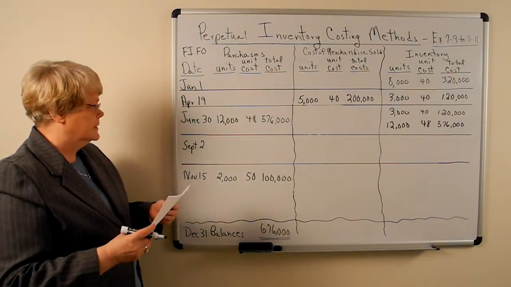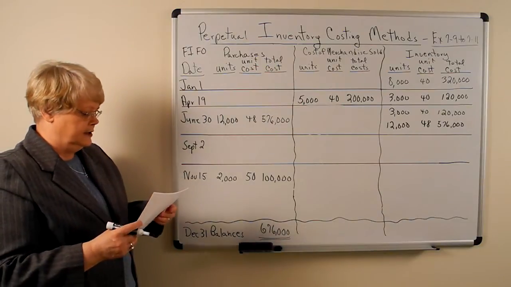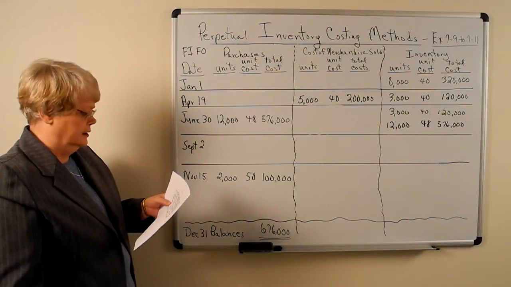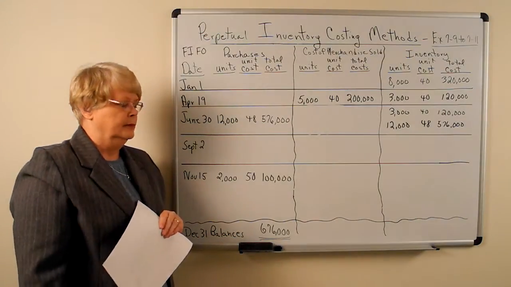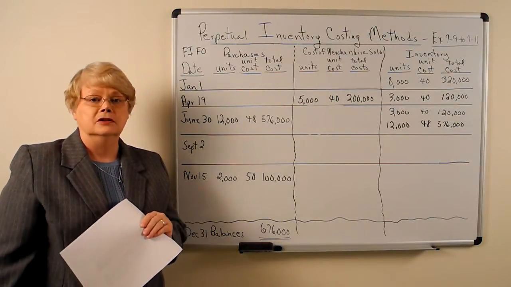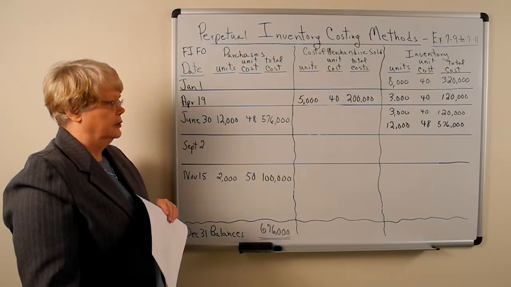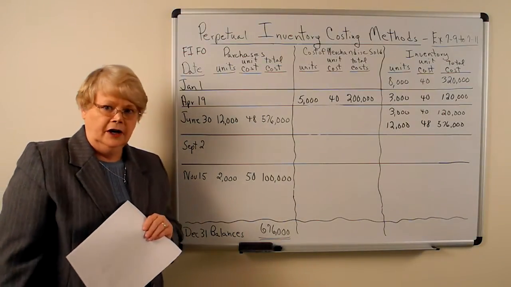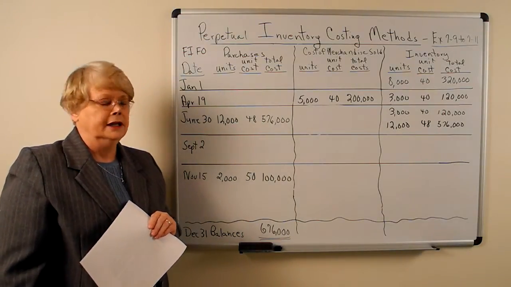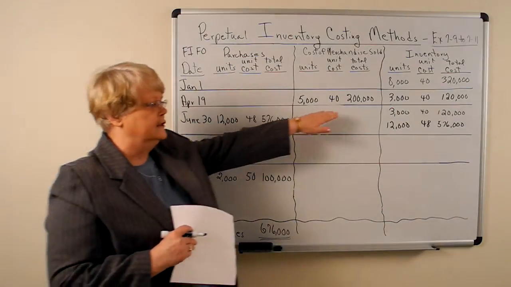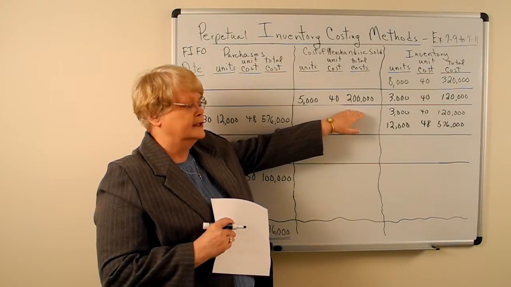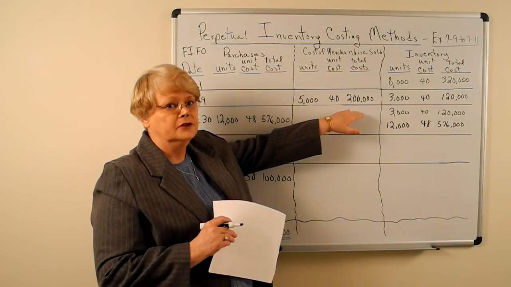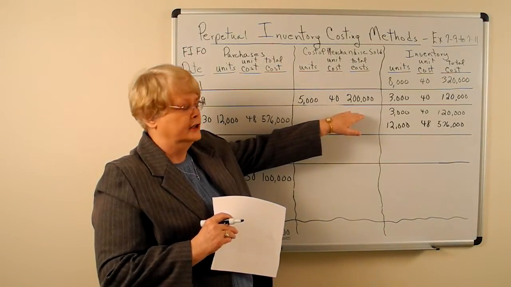Okay, and you leave them in layers based on how the inventory was purchased and what was left from what was sold. Looking at our exercise, the next thing we have is a sale of 9,000 units on September the 2nd, but we've got to determine how to cost out that inventory. Since we're using FIFO, we will be looking at the top layer, first in, first out. The first items that came in are the first items that were sold. So we're looking for the cost of merchandise sold in this exercise.